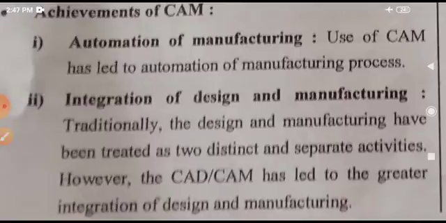There are some repeated operations in the industries which are quite complicated, and if humans are doing them, there may be errors. That's why automation is done. One more thing is that it increases the effectiveness and efficiency of the manufacturing machine.